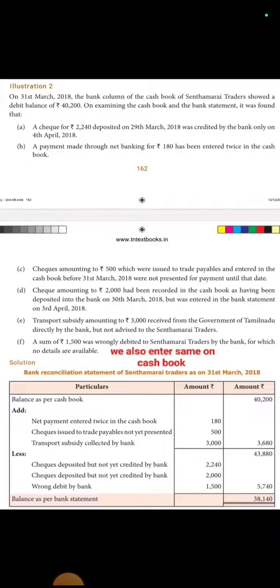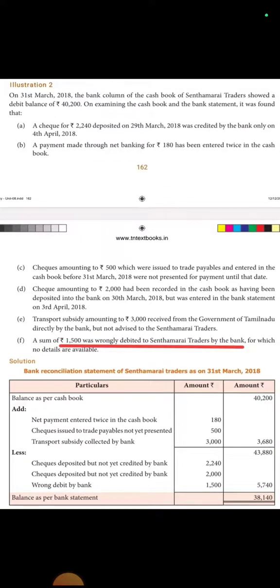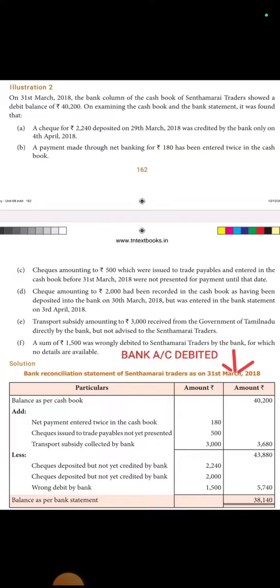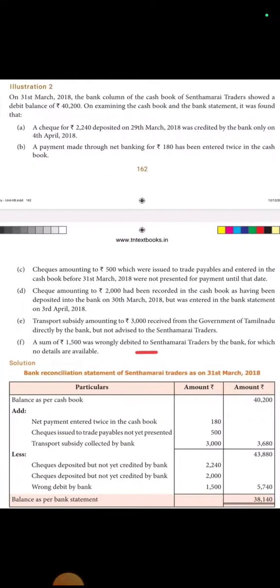So listen carefully here. Bank wrongly debited 1500 rupees to Sendamari traders. Listen, bank account debited means bank account decreased. So bank account wrongly debited means bank account subtracted 1500 rupees in Sendamari traders account.